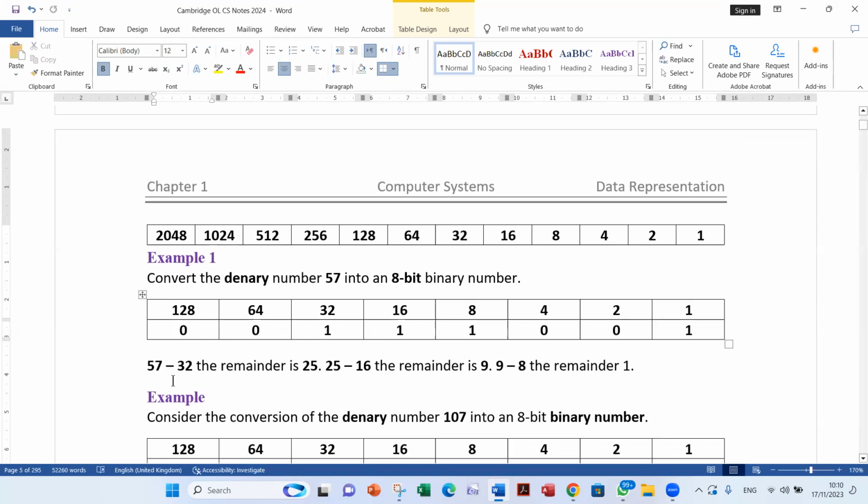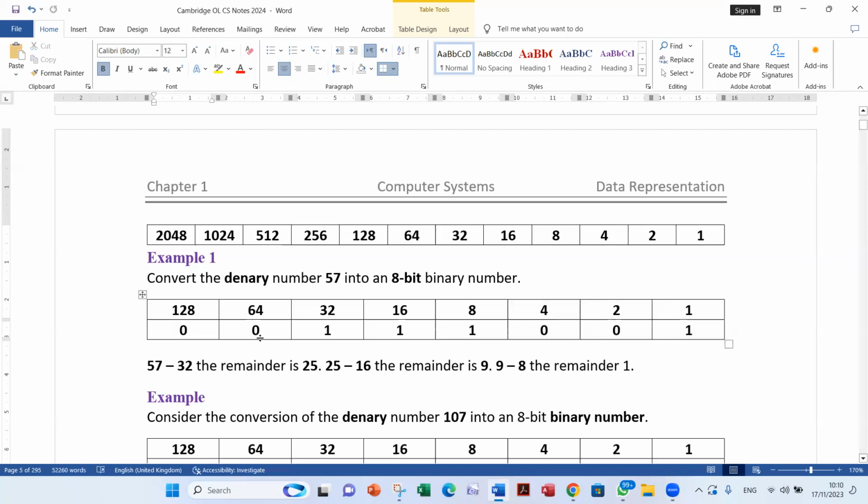Okay, let us do another example. I have 107. Again, you first put the weights, because the exam is asking you to represent 107 in 8 bits, and the zeros on the left must be written.